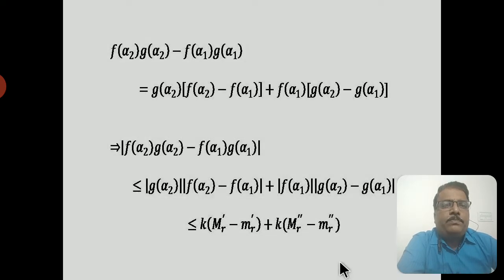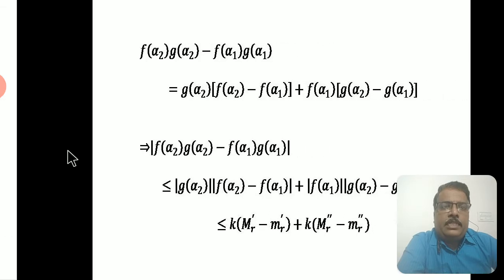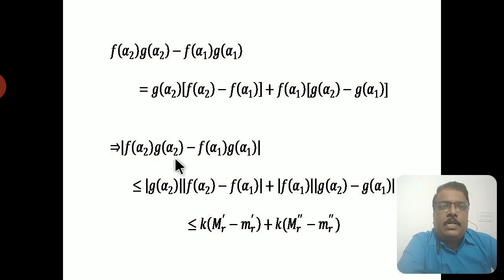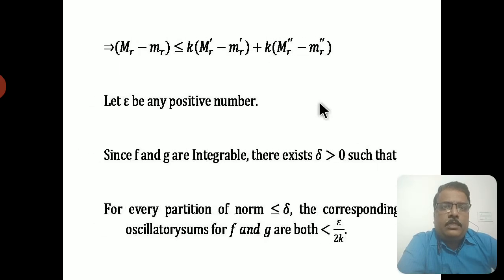Okay, so then this is less than or equal to. Now on the left hand side, this is capital M dash minus small m dash, because capital M and small m are the upper and lower bounds of the function.